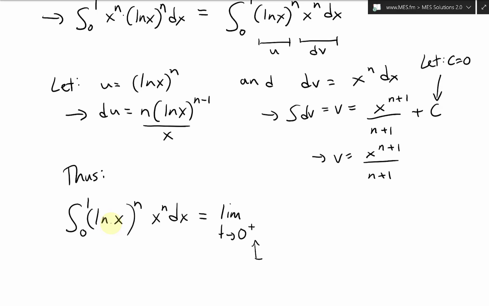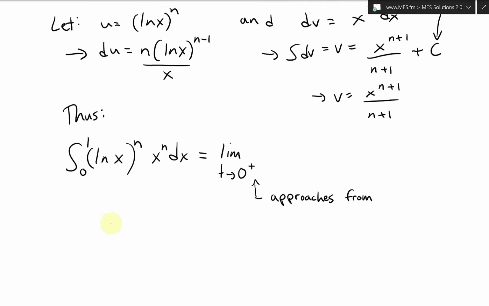The plus means approaches from the right side, from the positive side. This becomes the integral from t, replacing the 0 with a t, up to 1 of (ln x)^n x^n dx.